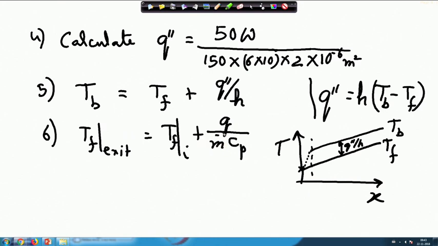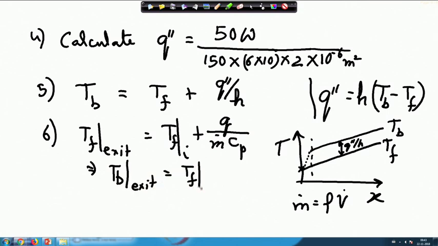We know Q is m dot Cp delta T, and this m dot is going to be again rho times V dot. So, therefore, T board exit, which is also T board max, is going to be T f exit plus q double prime over h.